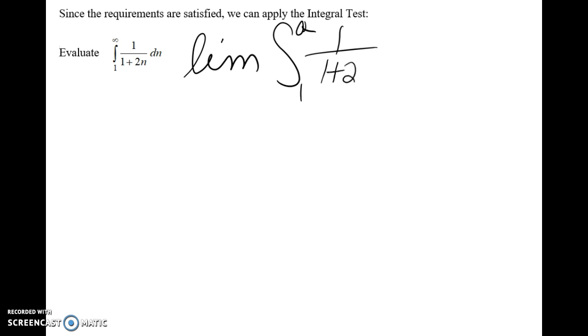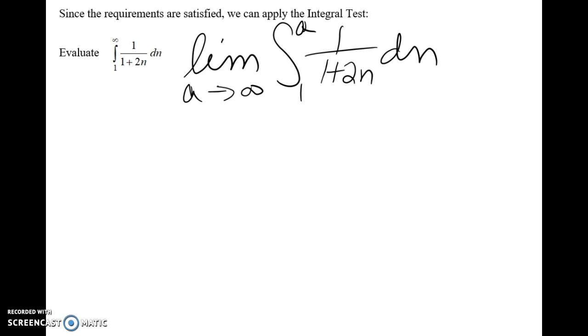I'm going to remove the infinite limit and take the limit from 1 to a of the function 1 over 1 plus 2n with respect to n as a approaches infinity. So now the integral is proper and we can integrate.